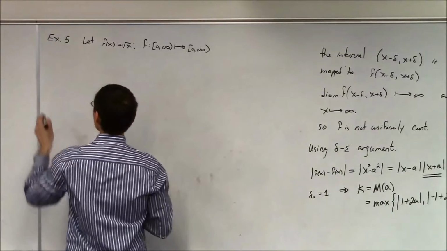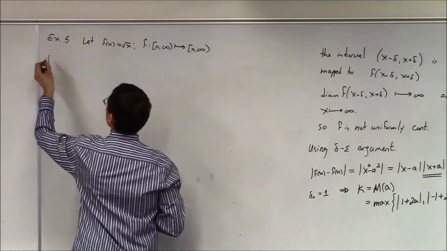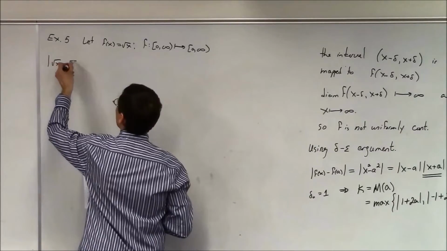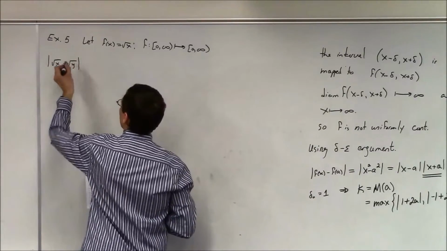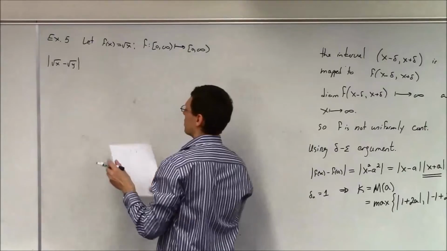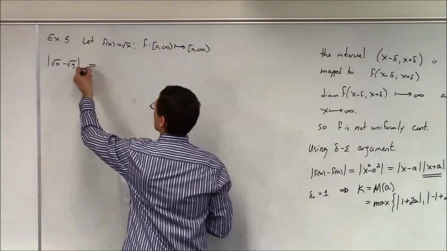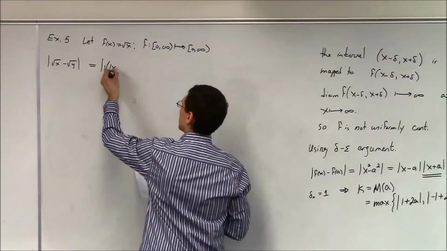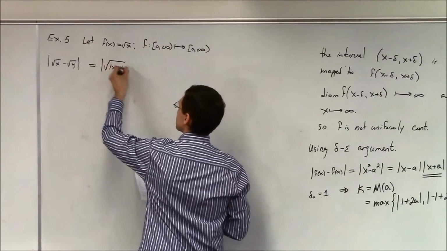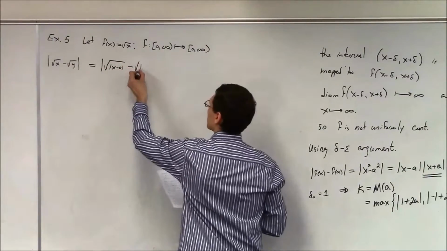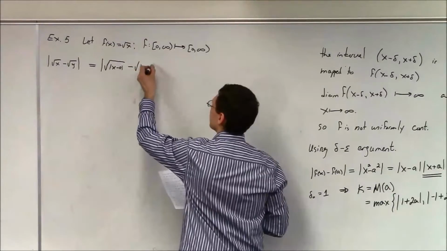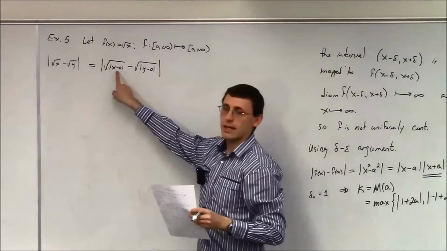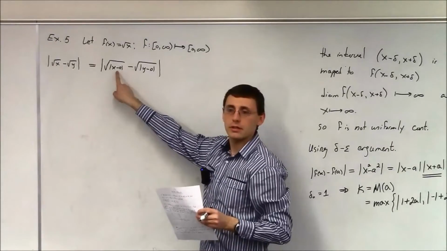Then what you can observe is the absolute value of root of x minus root of y. There are a number of ways of noticing what I'm going to do here, but what is this? This is going to be the absolute value of root of absolute value of x minus 0 minus root of absolute value of y minus 0. And the reason I do this is that in this form it looks like a version of the triangle inequality.